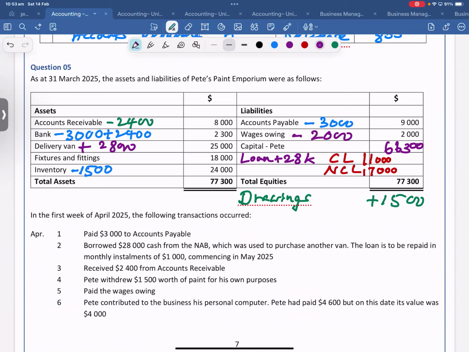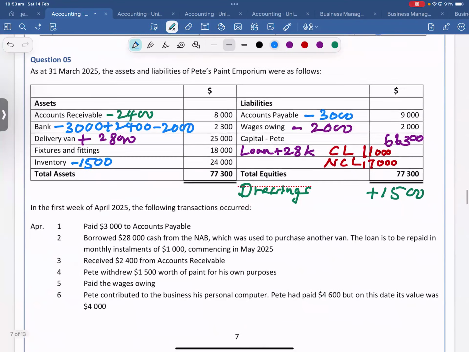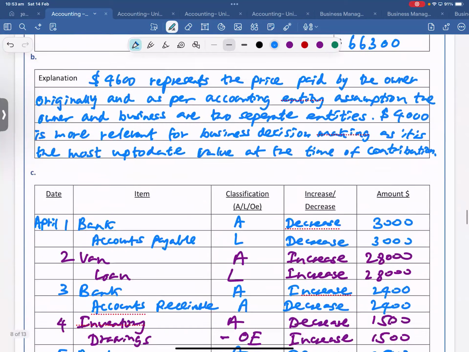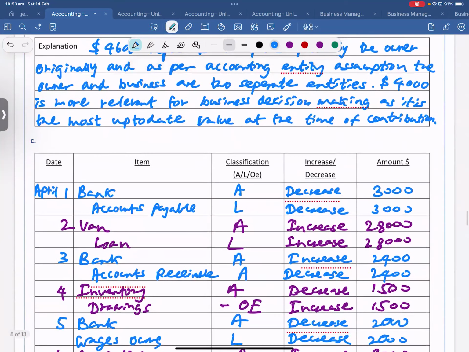Bank is minus 2000, correct. Okay, so wages owing and bank decrease 2000 each.